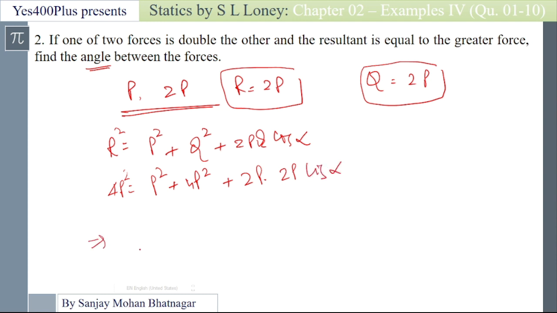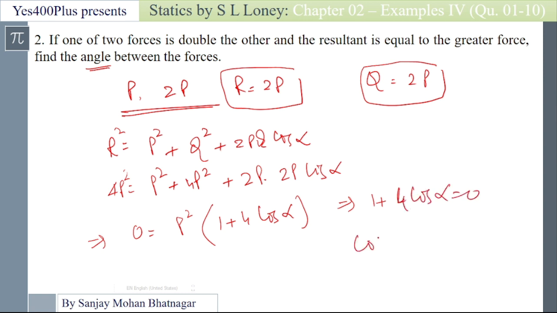Simple. So this is 0 equal to P square into 1 plus 4 cos alpha, means 1 plus 4 cos alpha equal to 0. Cos alpha is equal to minus 1 by 4, so alpha is equal to cos inverse minus 1 by 4.